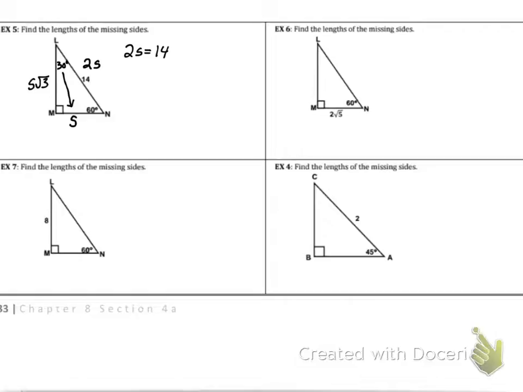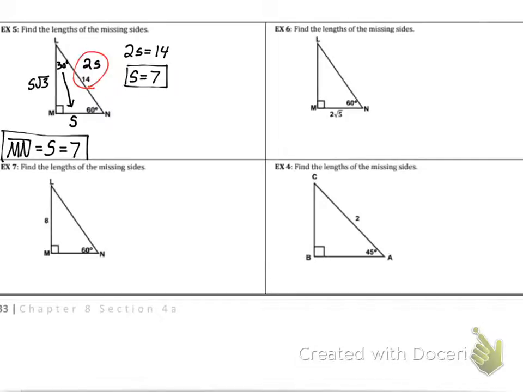Because they came from the same side. Well, if 2S equals 14, I divide both sides by 2. I'm going to have S equals 7. That's important because MN happens to equal S, which happens to equal 7, and we are almost done.